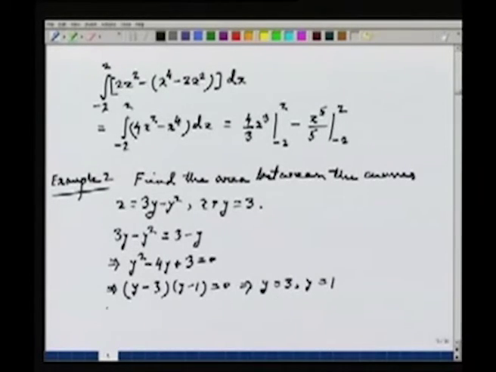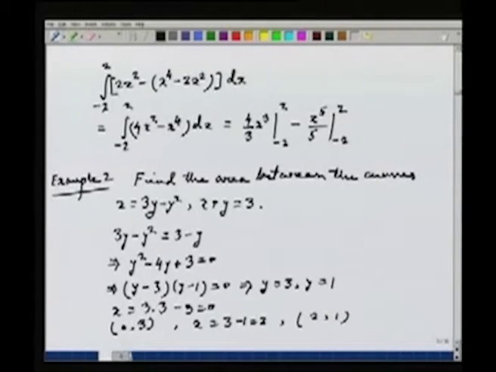If y equals 3, then I get x equals 3 into 3 minus 9, that is 0. So one point is 0, 3, and the other point, if I put y equals 1, then x equals 3 minus 1, that is 2. So another point is 2, 1. So these are the points of intersection of the two curves.